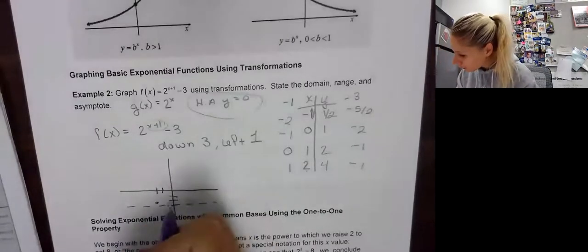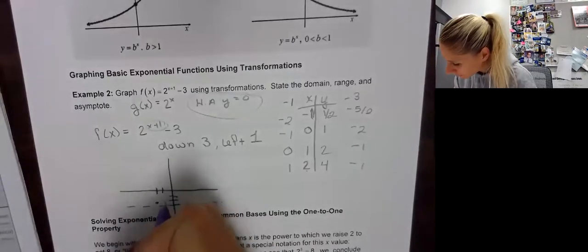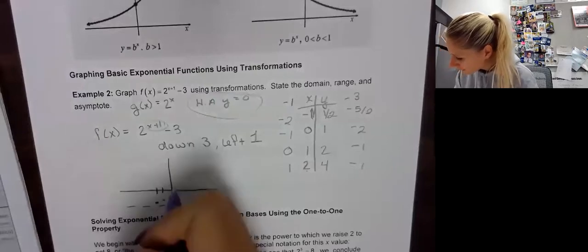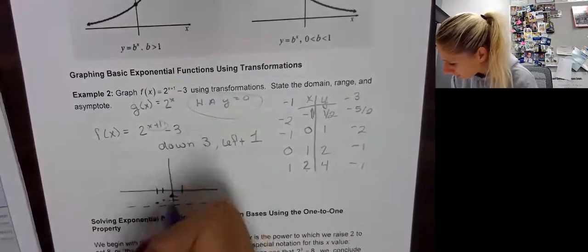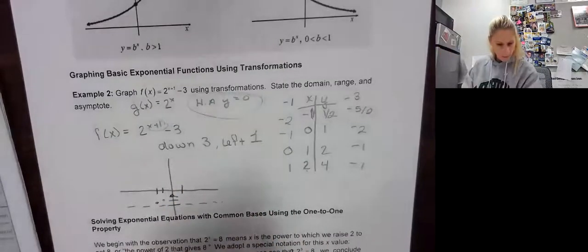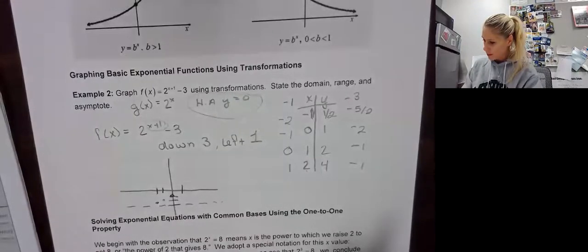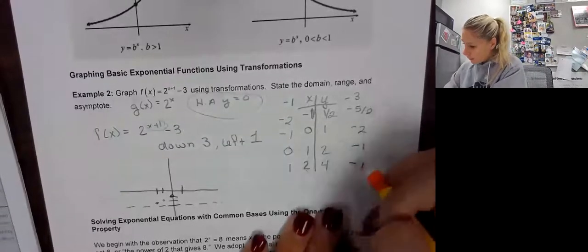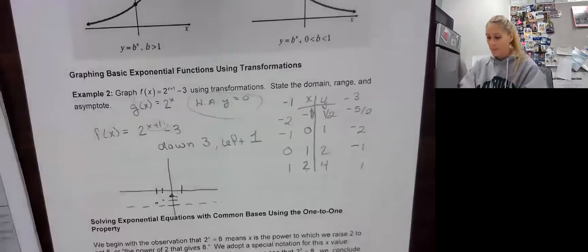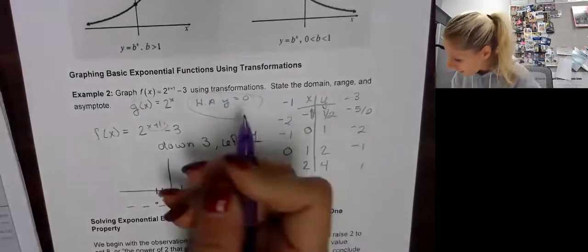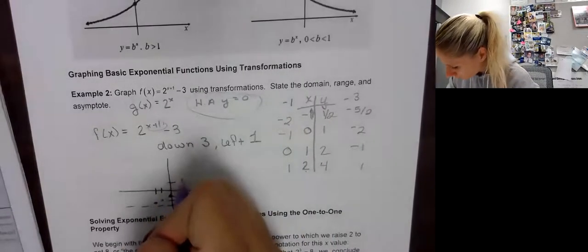At negative 1, I'm at negative 2. At 0, I'm at negative 1. And at 1, what did I do? Oh, this is 1. Minus 3 would be positive 1. I knew there was something like that. All right. And at 1, it would be 1.